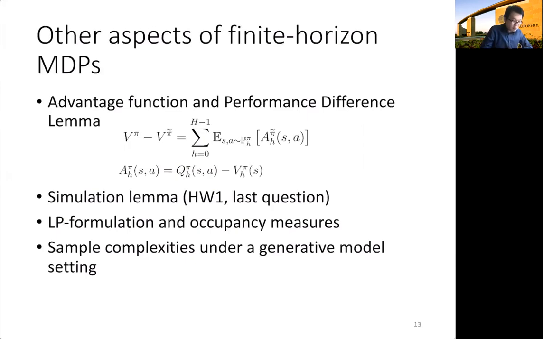So there are things to like about the finite horizon setting, and there are also slightly less clean cases, since all the useful functions of interest are now parameterized by the time index h. You get to prove the corresponding simulation lemma in the last question of homework 1 about the finite horizon MDPs.